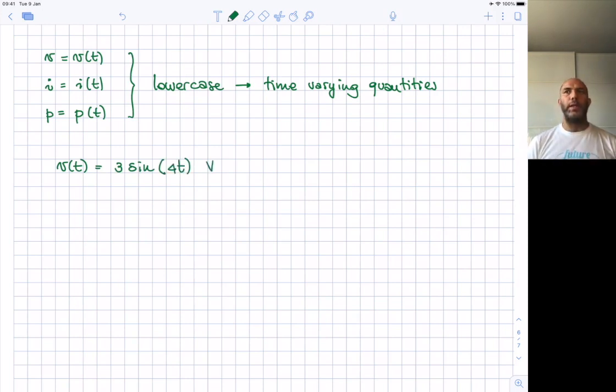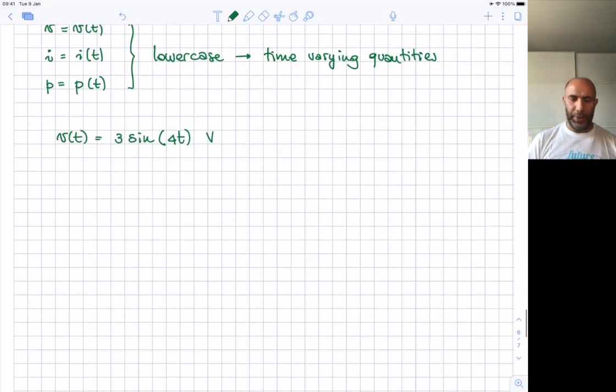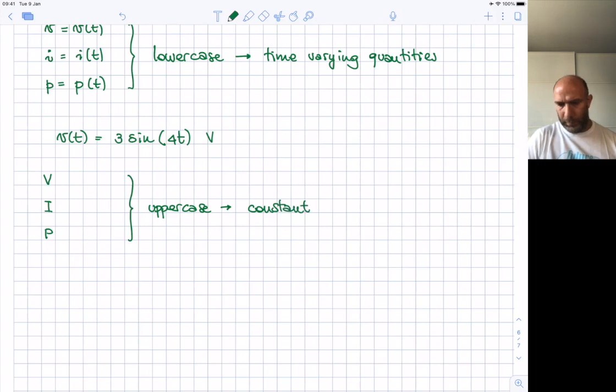This quantity is time varying. If we use instead uppercase letters like V, I, or P, we consider quantities that are constant in time. For example, V equals 3 volts.